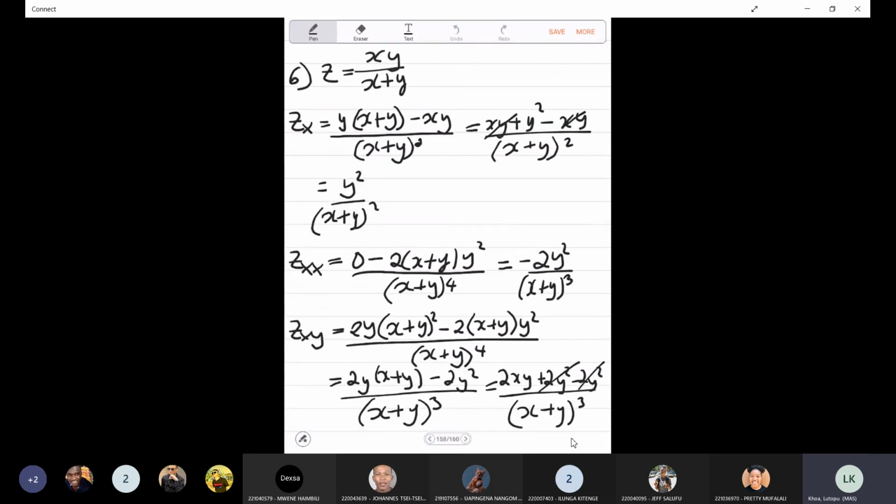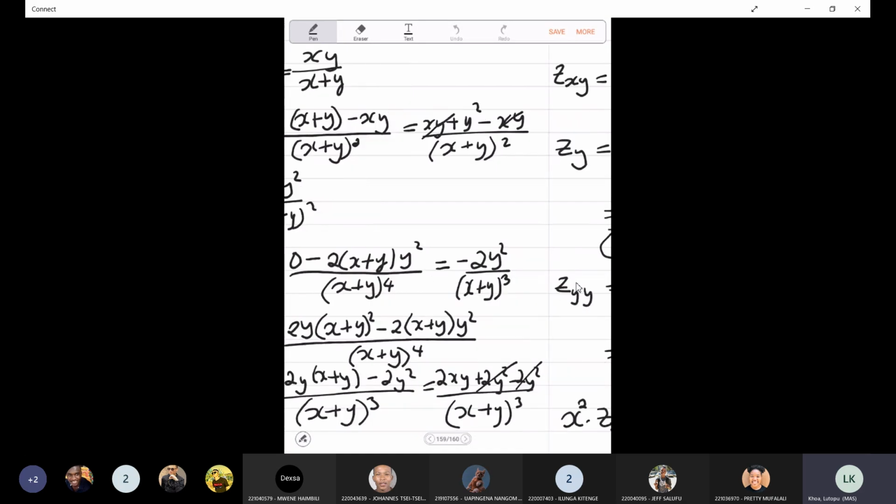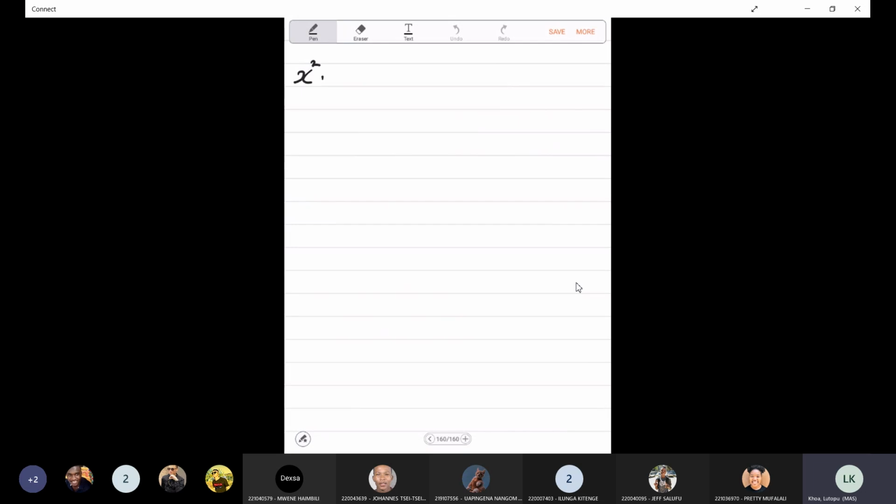It's negative 2y squared over x plus y to the power of 3, and then 2xy times 2xy over x plus y to the power of 3, then y squared times minus 2x squared over x plus y to the power of 3.